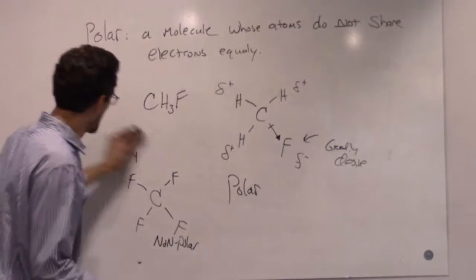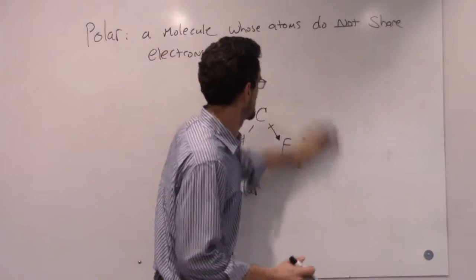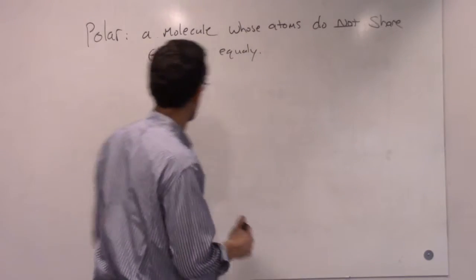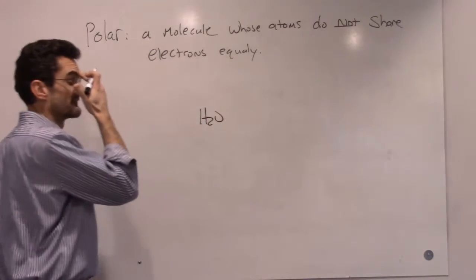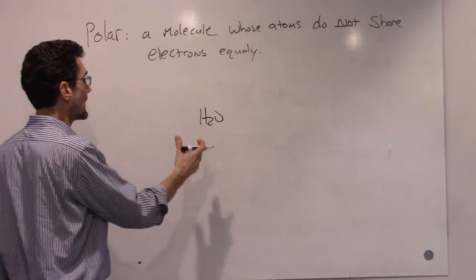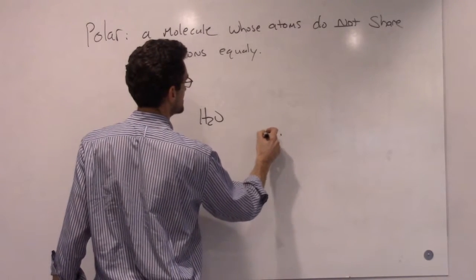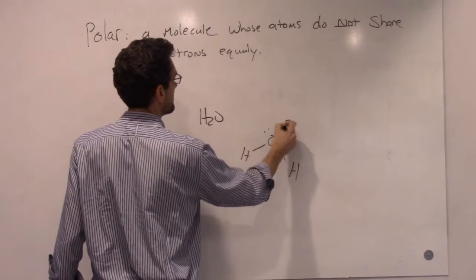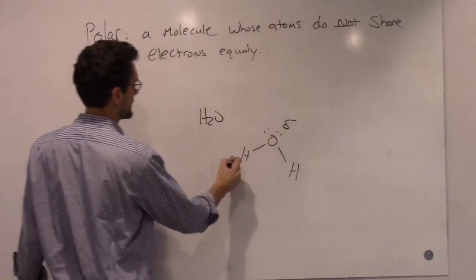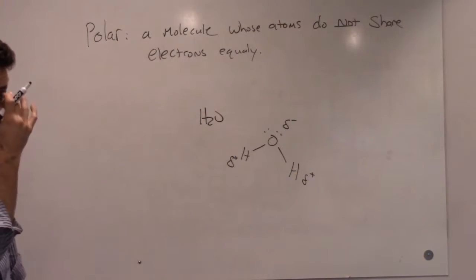And if you recall, we also talked that same day about water. We said water was a very polar molecule, one of the most polar molecules out there, because it has these unpaired electrons. These unpaired electrons really draw electrons towards themselves.